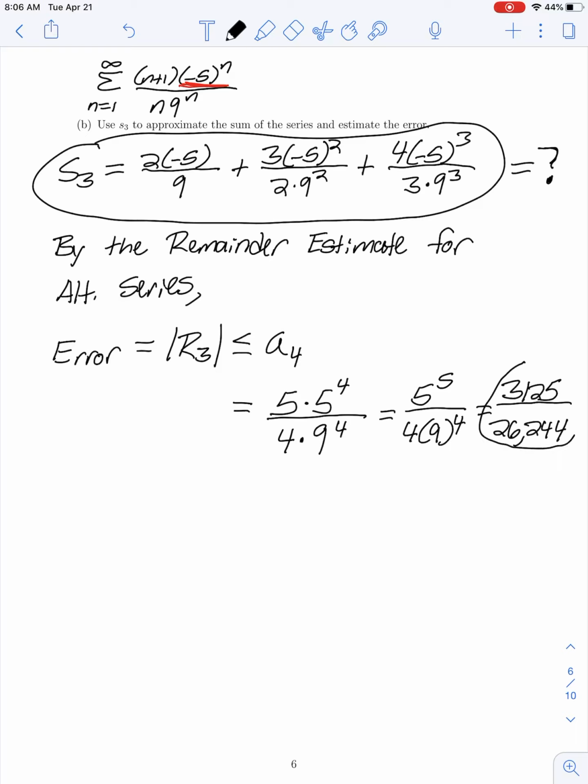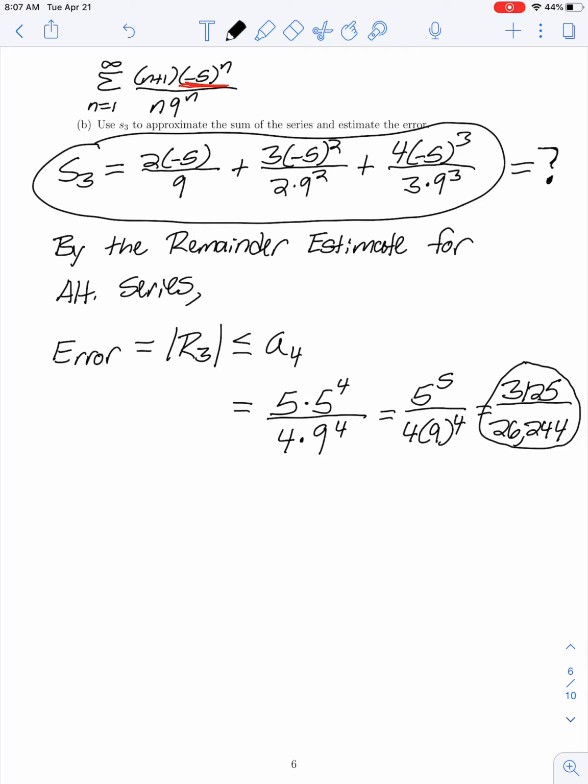So this expression is the maximum value that we would have for the error in our approximation. So that is the largest, or the furthest off, that this third partial sum is from the true value of the sum of this series.